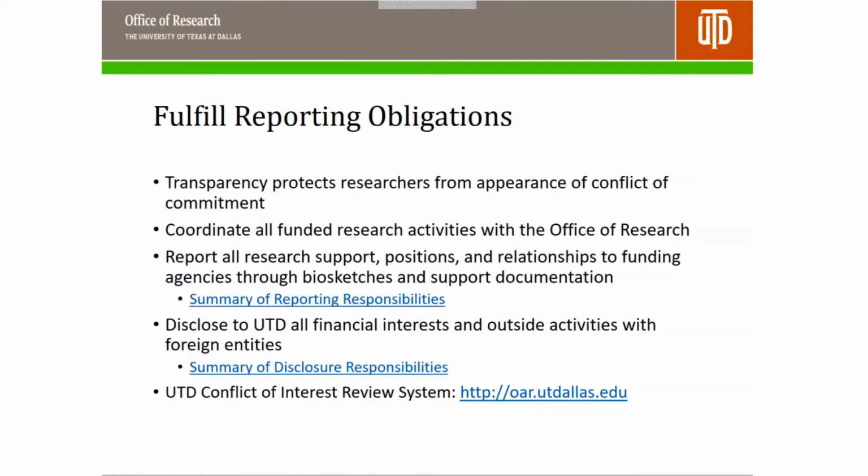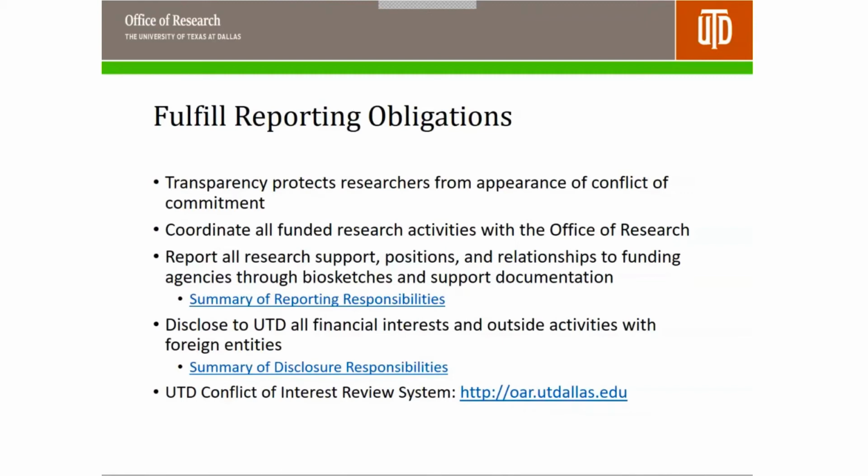Then you can avoid the appearance that you have a conflicting obligation, and you can talk to the research office and make sure that if there is some kind of conflicting obligation, it's either removed or mitigated, and we can help you continue that collaboration that overlaps with the federal funding agency.